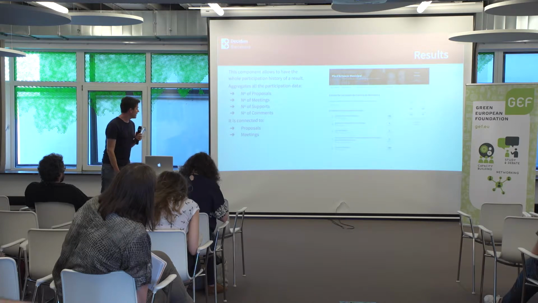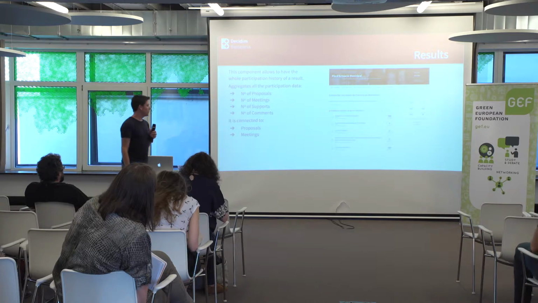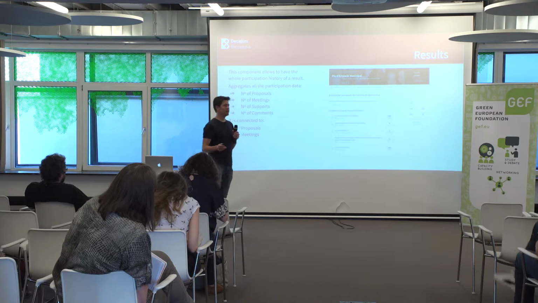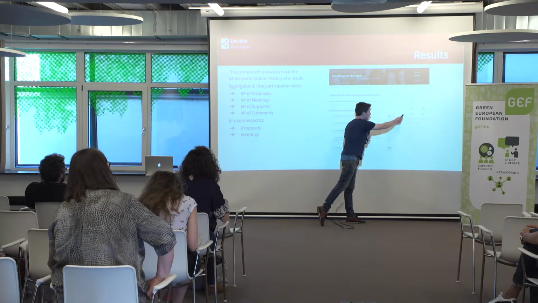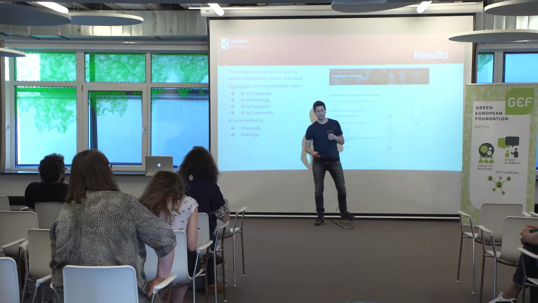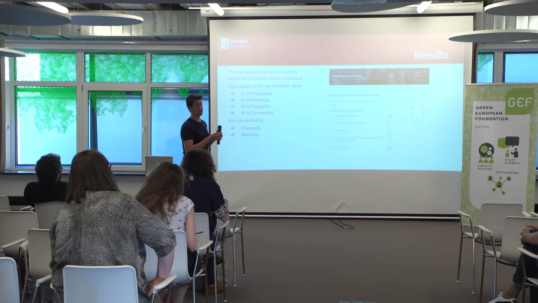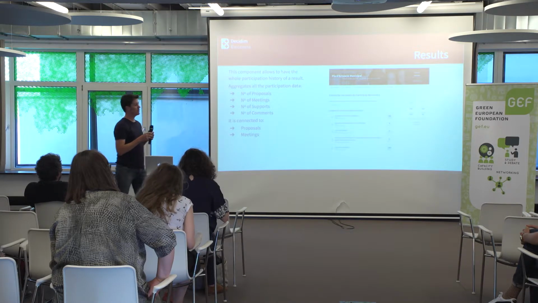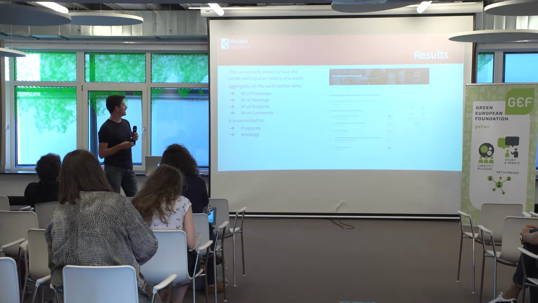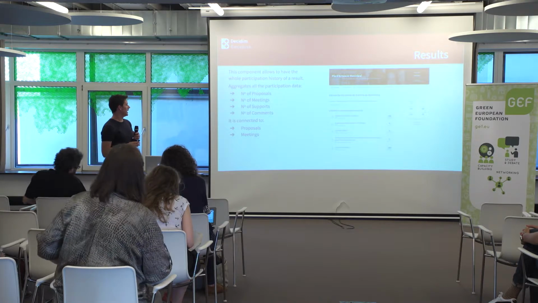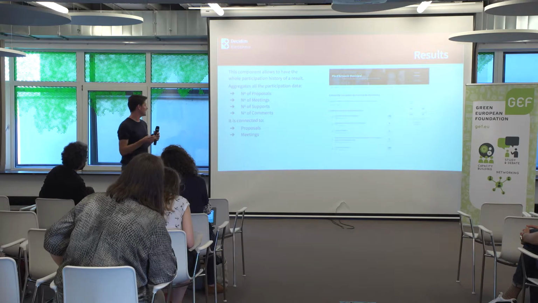Then this is an example of a result, and this is also interesting because when we finish the participatory process, we have this kind of metadata that shows us the participation history of this proposal. For example, how many people have participated, how many supports it has collected, how many meetings this proposal has been discussed in.